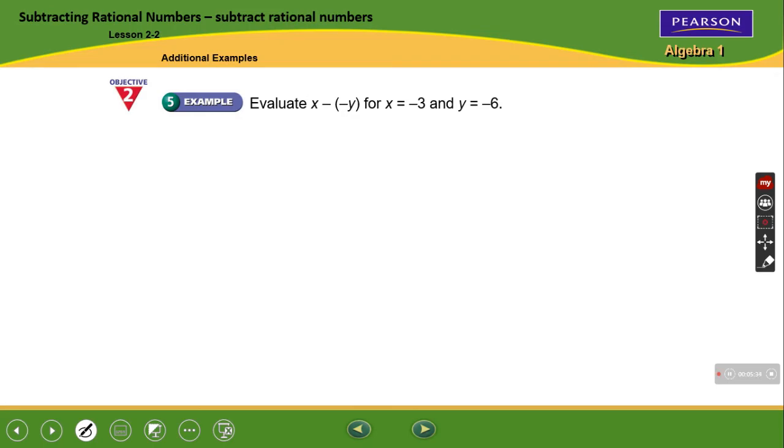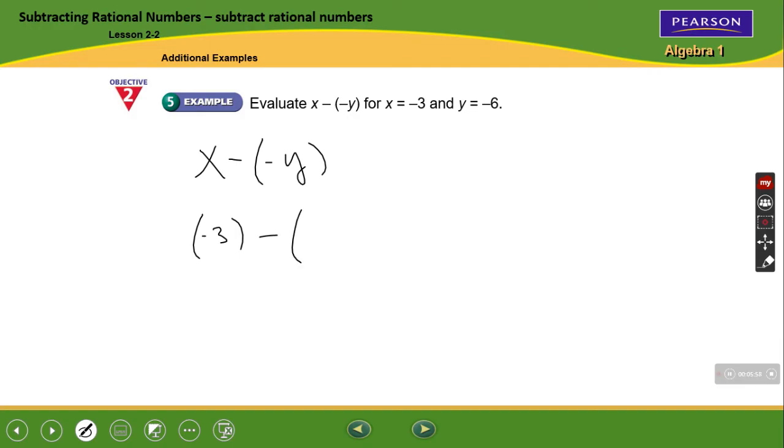Evaluate x minus negative y for x equals negative 3 and y equals negative 6. All right, so for this one, I'm just going to rewrite to start, x minus negative y. And the next thing I'm going to do is plug in all these numbers. So I've got negative 3, and then I've got minus a negative y.